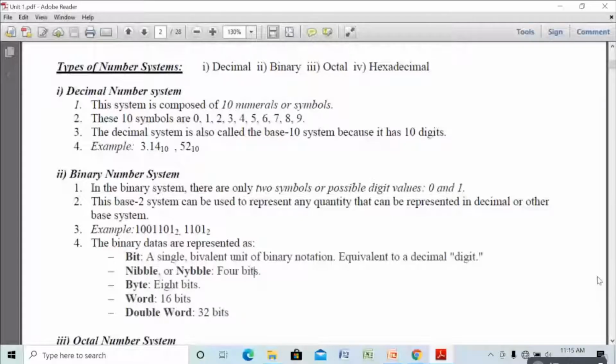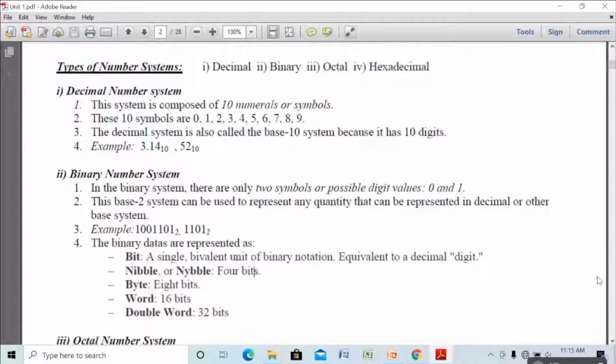In the last class, we discussed some basics about digital electronics. In today's class, we are going to discuss number systems used in digital electronics for some applications.